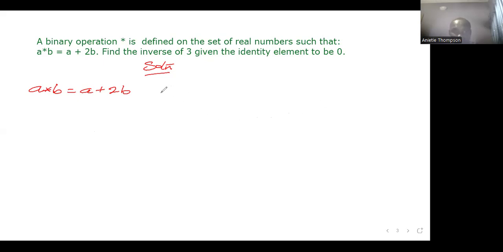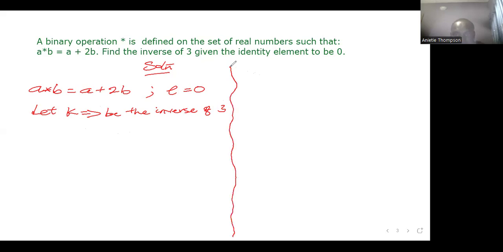So let's put down everything that we have. The identity element is given in this problem as 0, and because of that, we are looking for the inverse of the value 3. So how do we do that? I would say, let K be this inverse of 3.